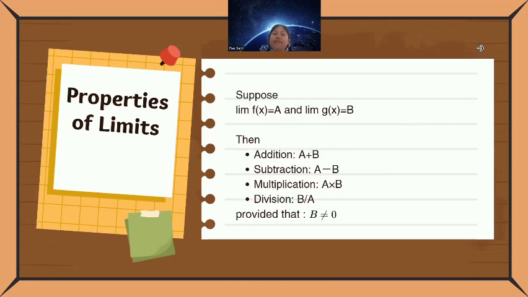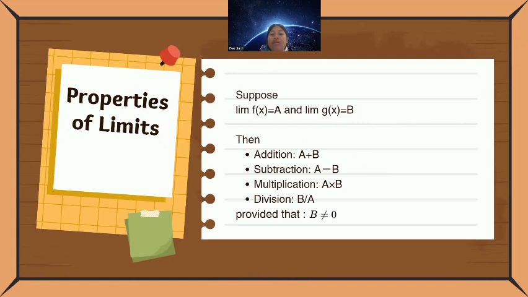Next, properties of limit. Now let's learn the properties of a limit. Suppose the limit of f(x) is a and the limit of g(x) is b. Then we can apply these operations. The limit of the sum is a plus b. The limit of the difference is a minus b.